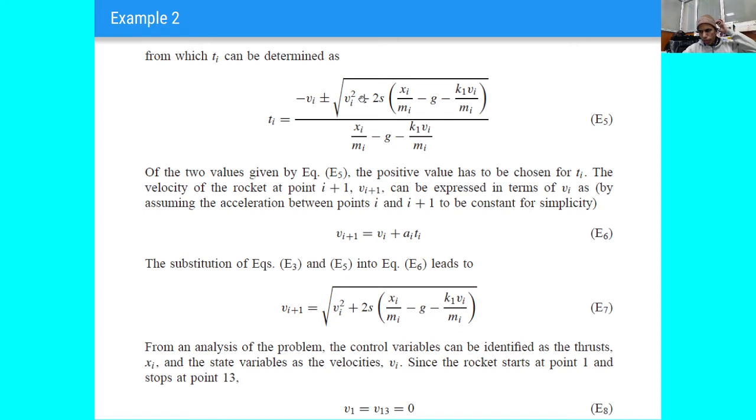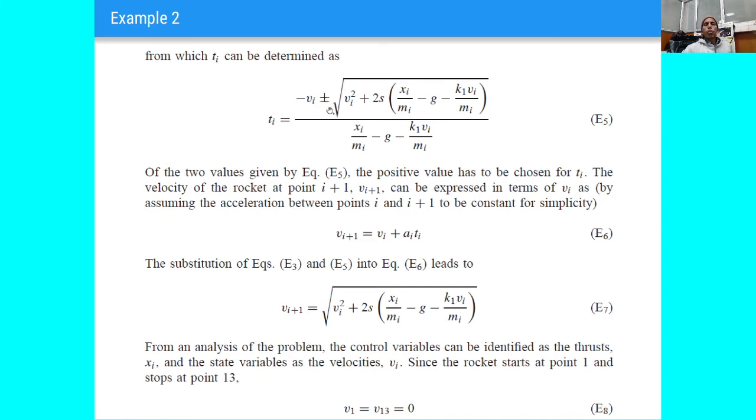Here one thing is interesting to note: since ti is the time taken by the rocket from one control point to the next control point, it will be a positive value. The time cannot be negative. In this expression we can see vi is a negative value, and the plus-minus sign is there, and there is some other value. Okay, so which sign will be accepted?